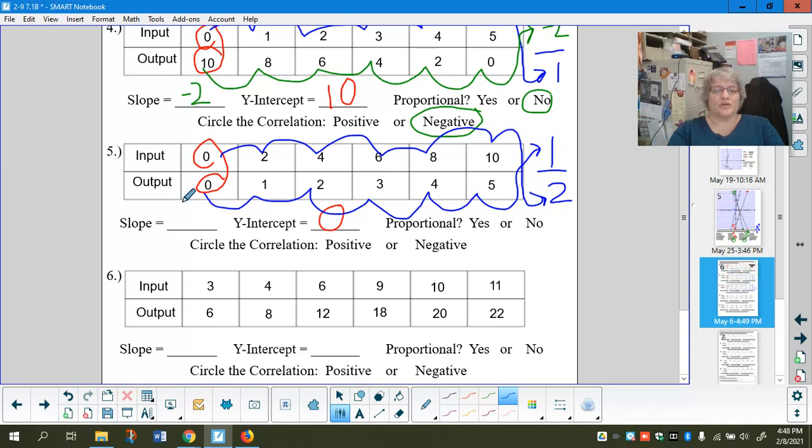So we have a slope of 1/2. We go up 1 every time we go over 2, remember? Input is across, so that's the run. Output is the y, so that's the rise. Is it proportional? Well, it's going up at a steady rate every time, and it goes through 0, 0, so that's a yes. And what's the correlation? Positive slope, positive correlation.